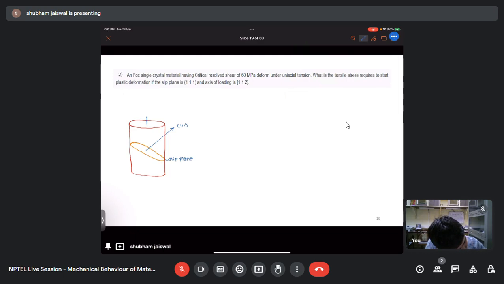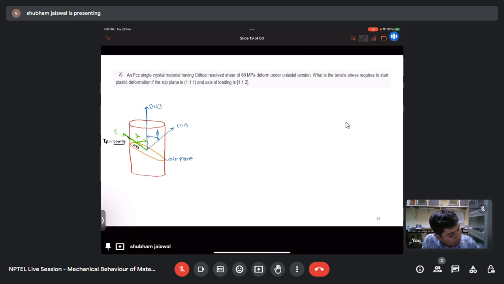Let's say this is phi. We don't know the slip directions, and let's say this is my lambda, and on this the tau R is acting. This tau R is equal to 60 MPa. So now try to answer it, guys.